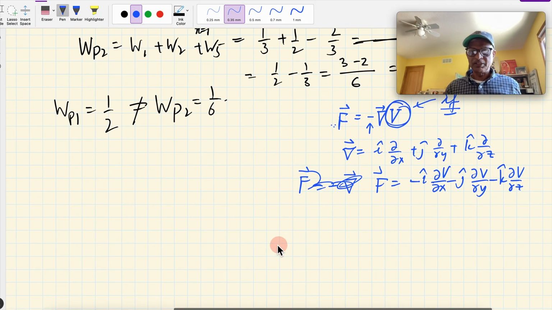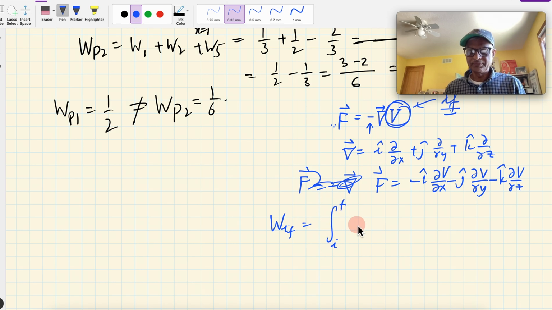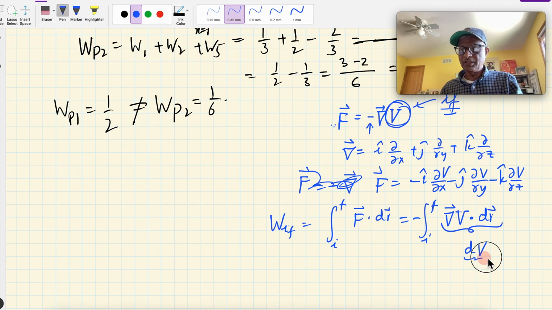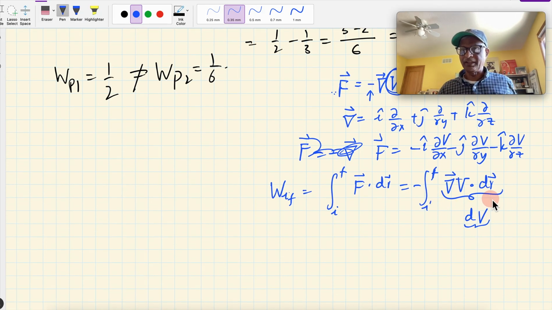So let me show you formally how it can be. W from I to F of F dot dr. Now, from I to F of minus del V dot dr. Now this is nothing but dV. In 3 dimensions dV is just that.